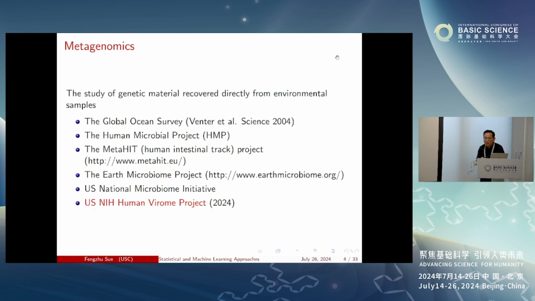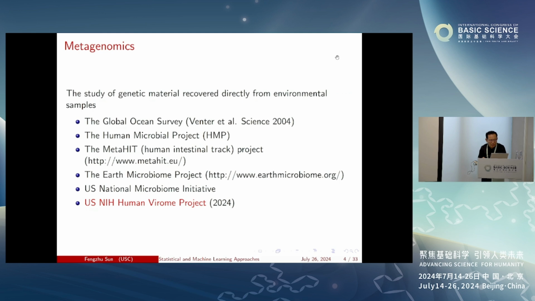And how that will impact the health of the ocean as well as the soil are very, very important problems. So therefore, microbiome studies play a very important role from the human to various environments.